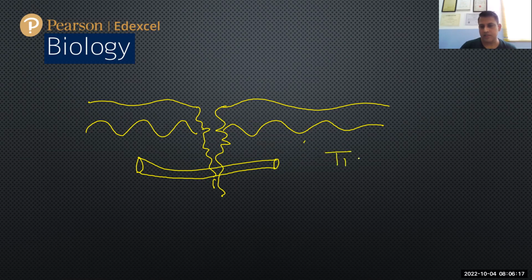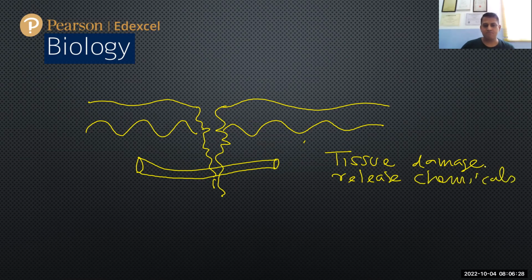So I just write here: tissue damage releases chemicals. And the most important type of cells in blood clotting is platelets.